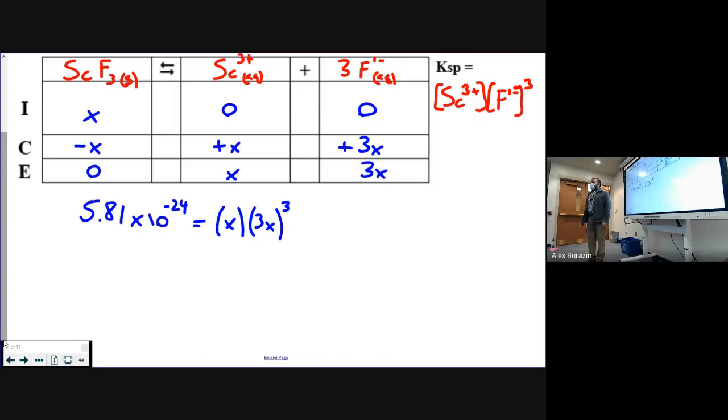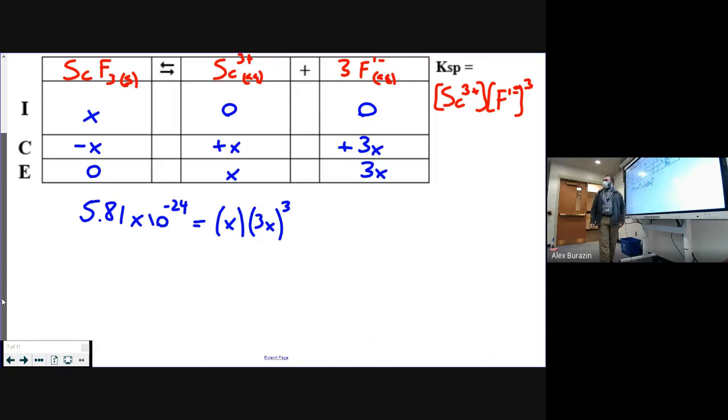Did somebody say 9? Now, your brains like squared numbers. So, careful. When I cube things, make sure you're actually taking the cube, not the square. 3 times 3 times 3 is 27. Okay, so I have 27x to the third power.